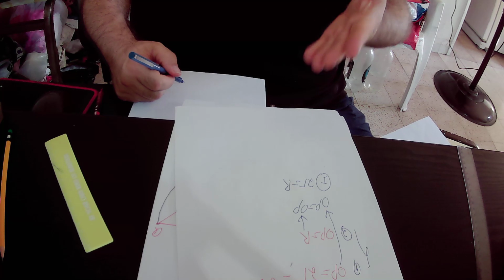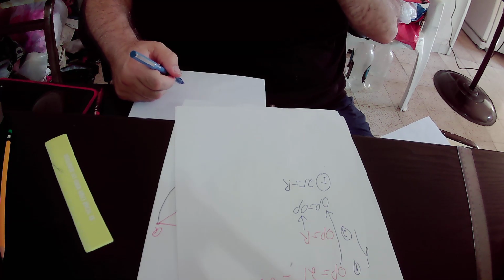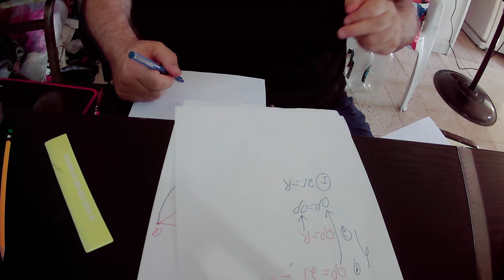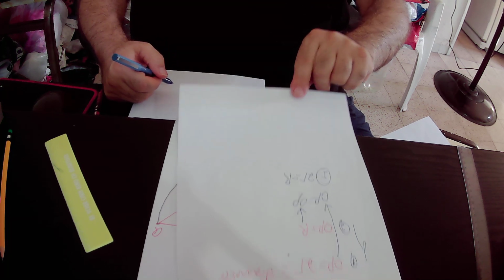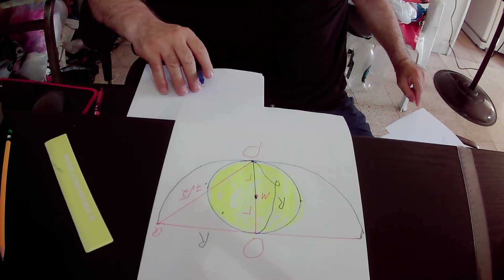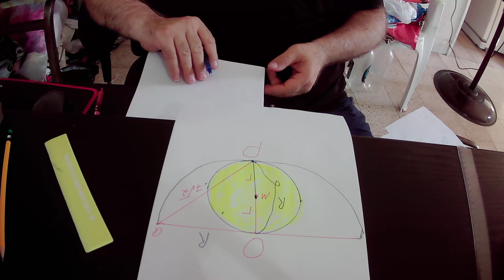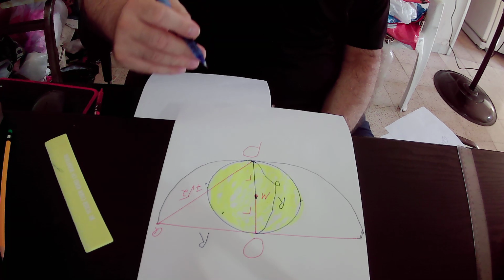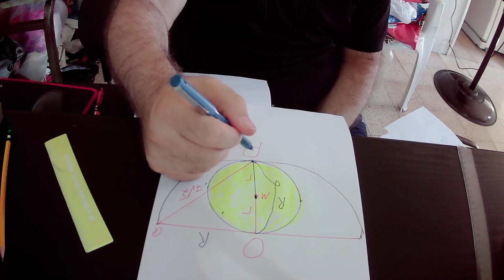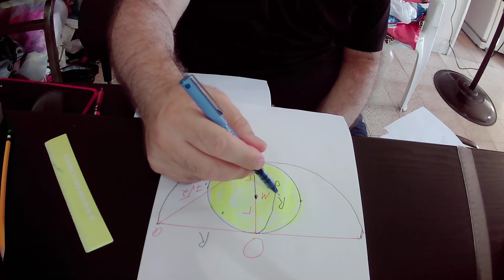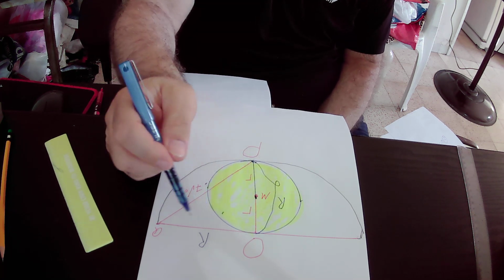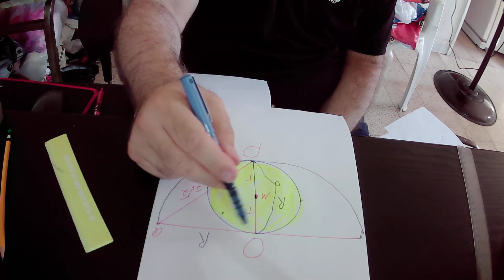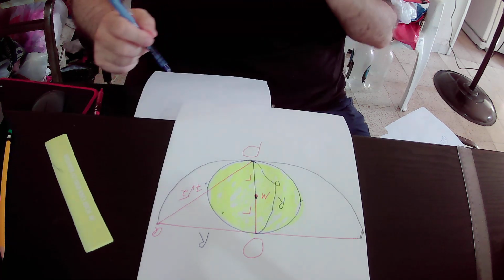Okay, the radius of the semicircle is twice as large as the radius of the yellow circle. So we have OP that equals the radius of the semicircle, and also OQ equals the radius of the semicircle.